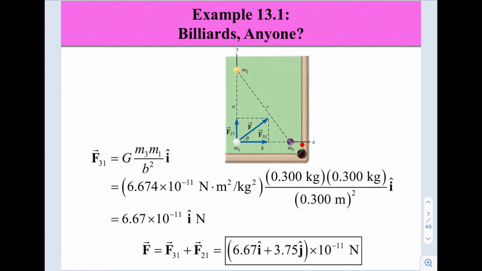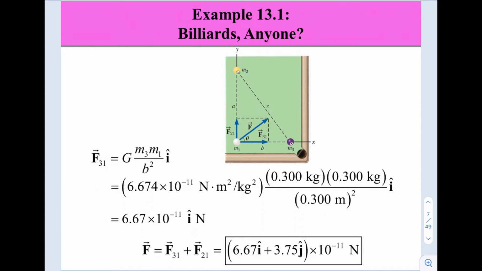We are going to repeat the same method for F31. But now, the distance between M3 and M1 is actually B. So we are going to use capital G M3 M1 over B squared, and we will have this value as our F31.